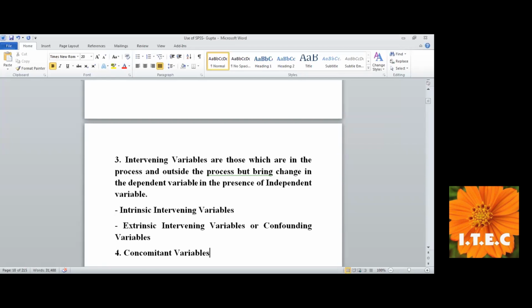So height of participants is a variable. But you are not understanding according to your height. So height is a variable and it is in the process, but does not bring change in the dependent variable in the presence of independent variable. Such variables are called concomitant variables.